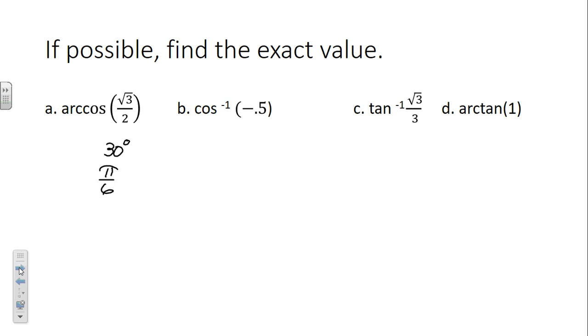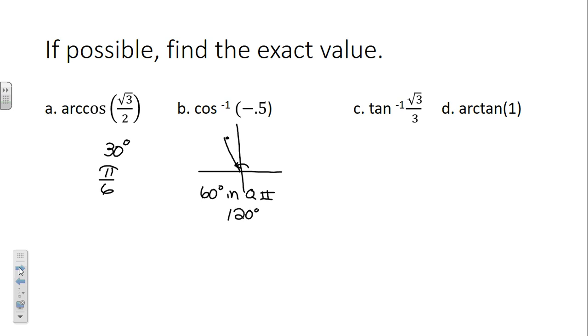Nope. That's square root 2 over 2. 60, right? Cosine of 60 is 1/2. So we want a 60-degree angle in the second quadrant. So what does that measure? 60 degrees in the second quadrant is 60 degrees short of 180. 120.